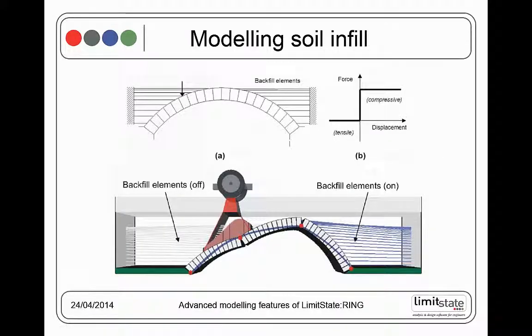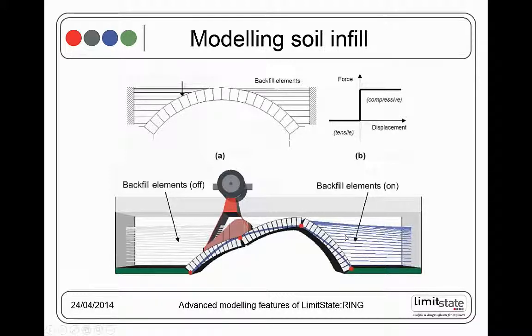Clearly, an arch bridge isn't simply a masonry arch. There are also other elements. For example, we have soil infill. How do we model those elements in the software? Well, we actually model the anticipated effects of the backfill rather than the backfill itself. The anticipated effects are that we get spread of the live load through the fill, and also when the arch barrel starts to sway, we mobilize passive restraining pressures. We model those passive restraining pressures through what we refer to as backfill elements.